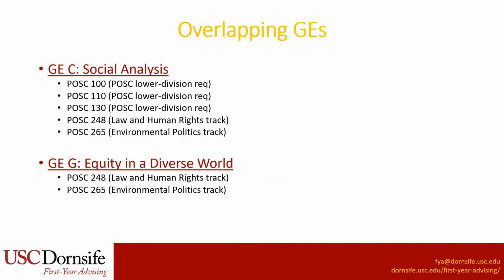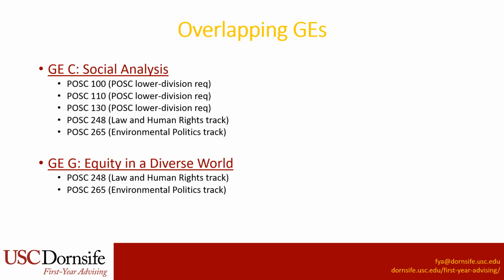So there are some overlapping general education requirements that you will be able to fulfill using just your poli-sci major requirements. So you can see that they're outlined for you here. Many of the lower division classes are going to fall under the GEC, Social Analysis category.